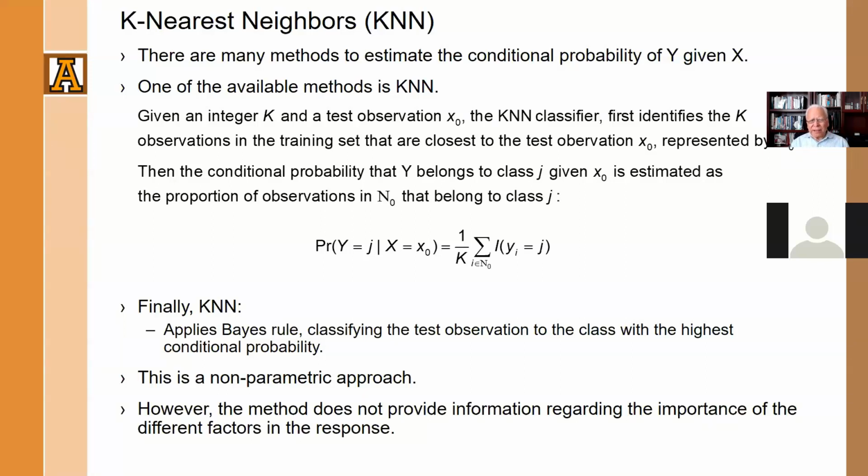One of the disadvantages of this method is that it does not provide any information regarding which of the predictors are more important to predict the class of a new observation. That happens with logistic regression, for example, where you can explain the impact of the different variables in the prediction.